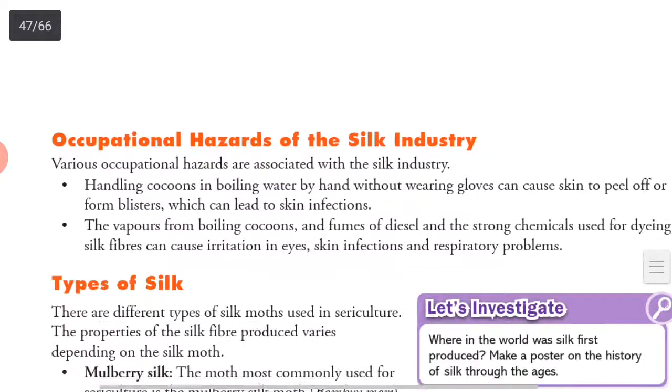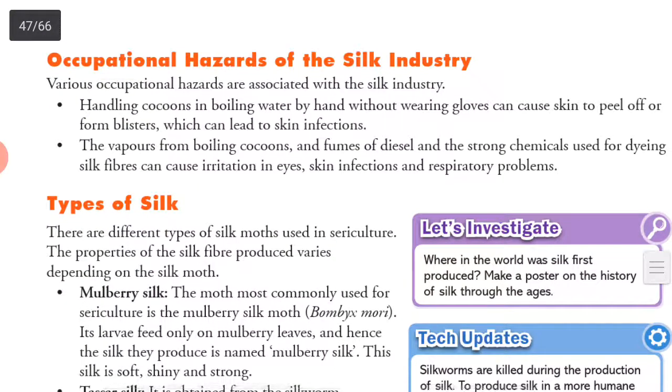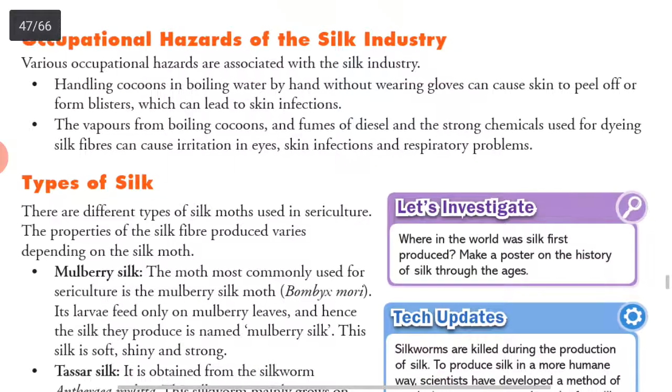Now, what are the occupational hazards, or what are the hazards that a person suffers who works in the silk industry? Handling cocoons in boiling water by hand without wearing gloves can cause skin to peel off or form blisters which can lead to skin infections.